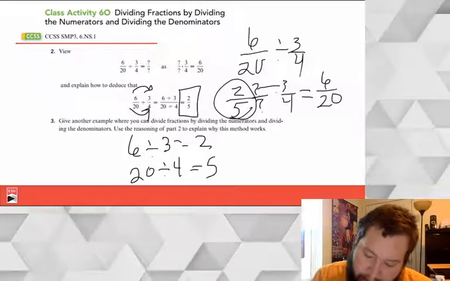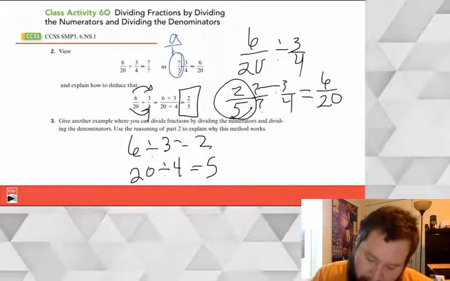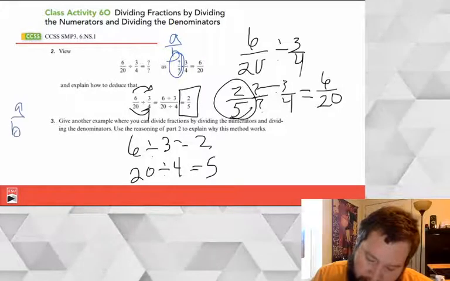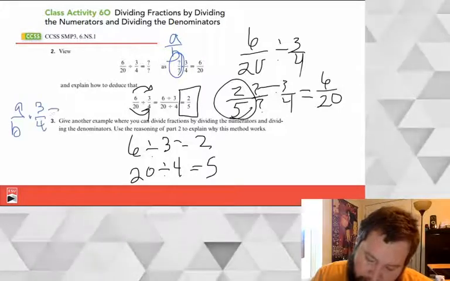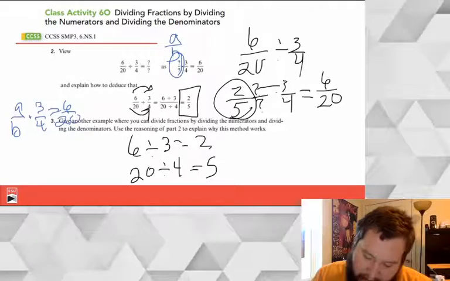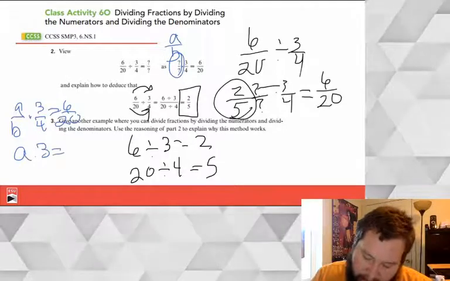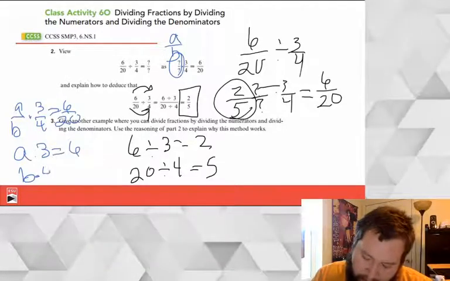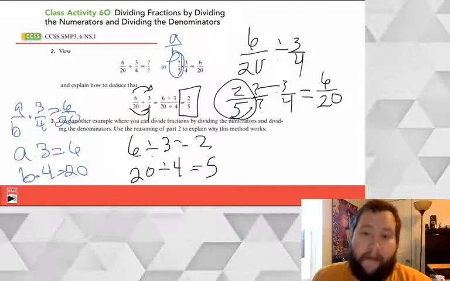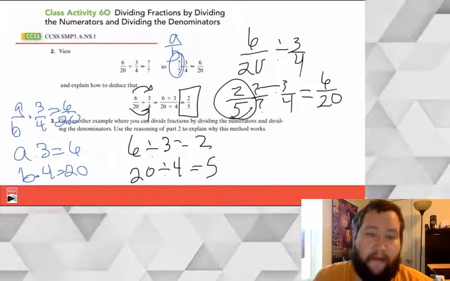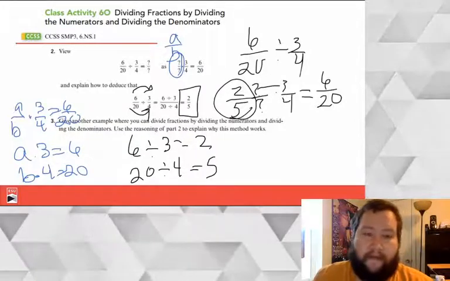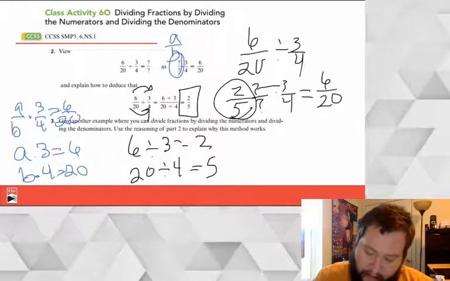fraction A/B, okay? So we have A over B times 3 over 4 is 6 over 20. That means A times 3 is 6, and B times 4 is 20. We can just use standard rational division. Divide both sides by 3.